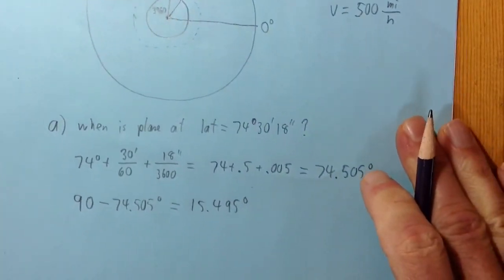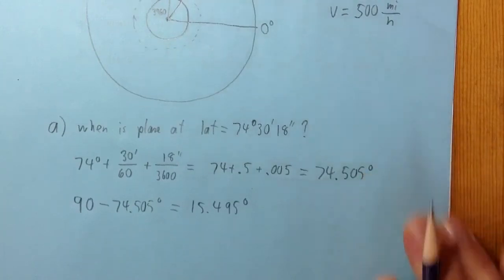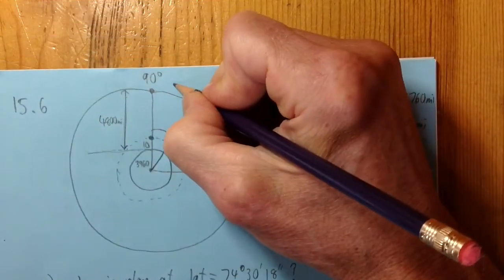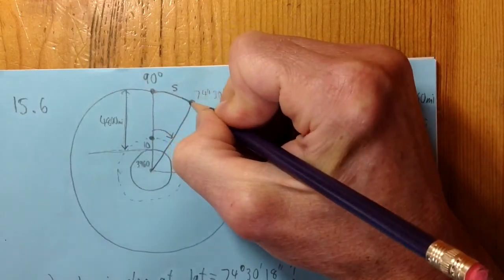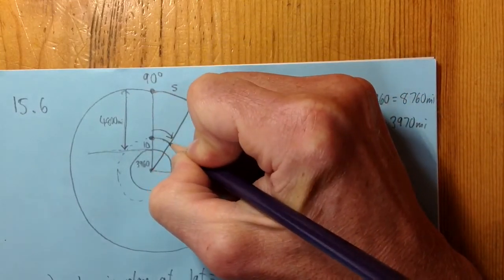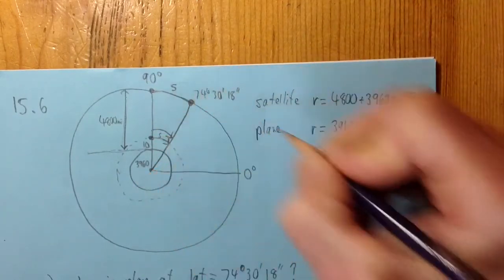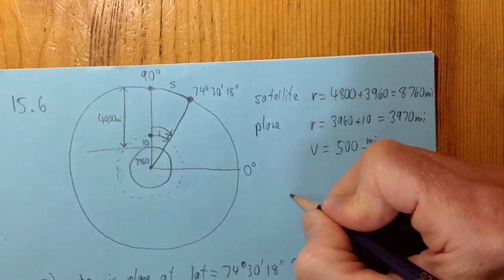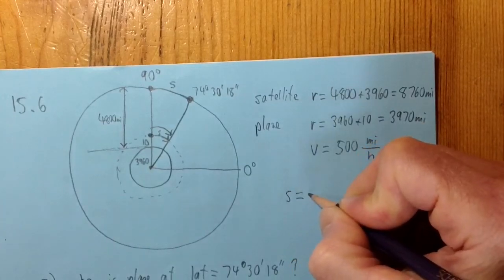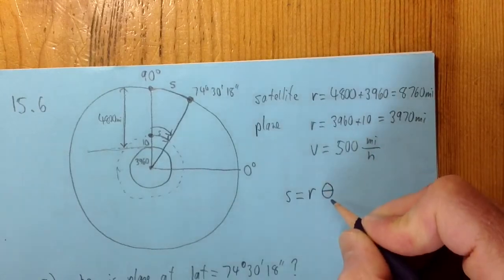Now, we want to know radians because we have to find the distance s that the airplane traveled. So call that s for that distance. And we know that the arc length you go is the radius times the angle, if the angle's in radians.